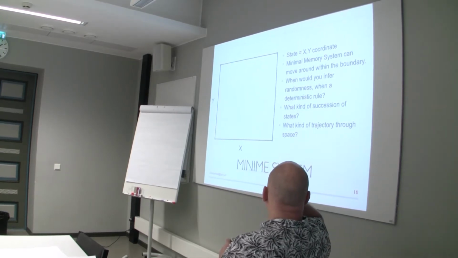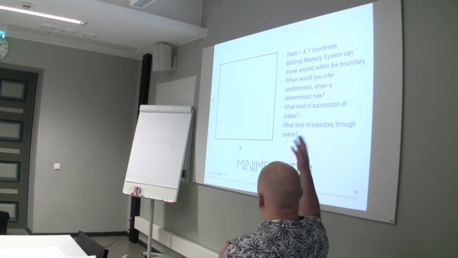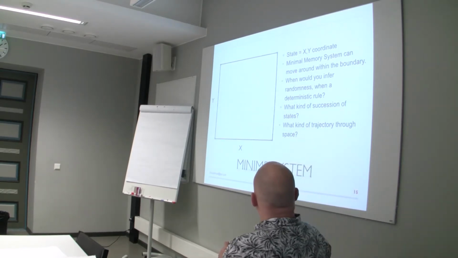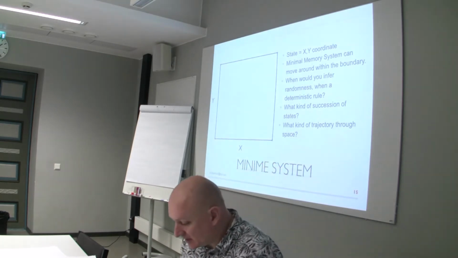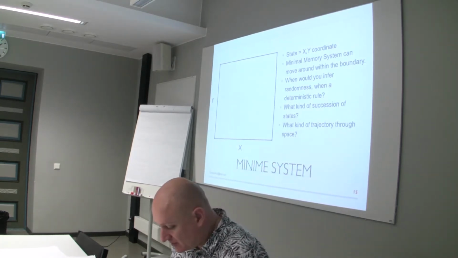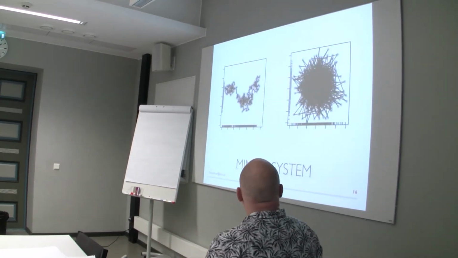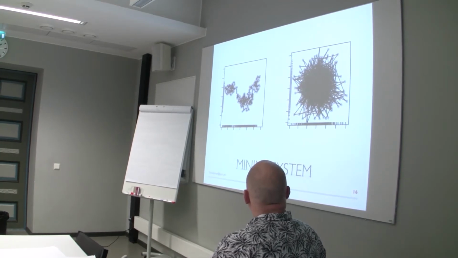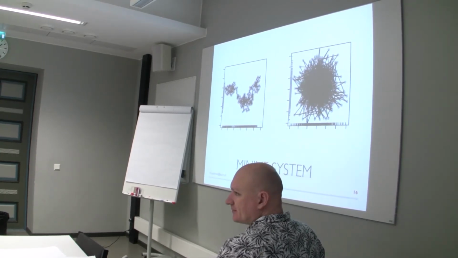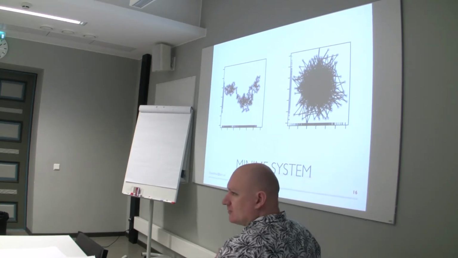So what kind of succession of states would make you think that this would be random, and what kind of trajectory? Let me give you two examples. So which one would you say is random? Left or right? Or both or none is also optional.